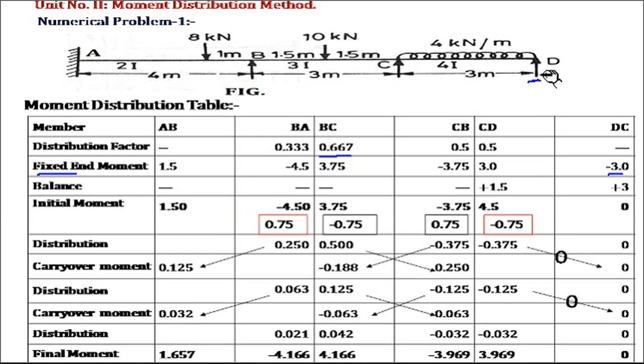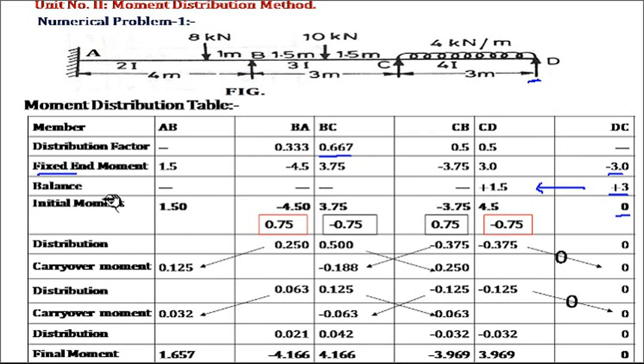To make this value 0, you apply a balance or correction of plus 3. When you apply the correction for any member, half of it is transferred to the far end. For DC the far end is CD, so half of plus 3 is plus 1.5.